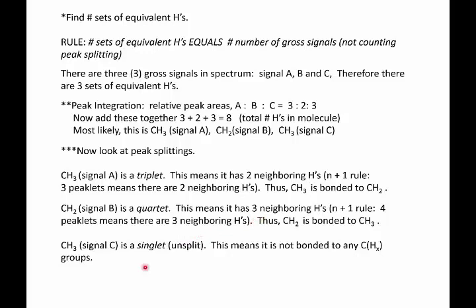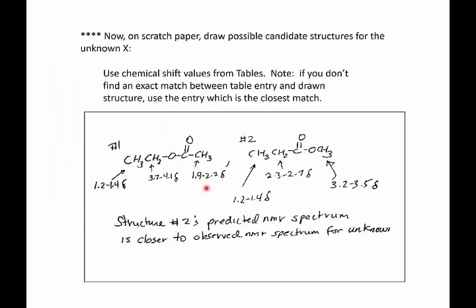The next step in the process is this. Get out some paper and draw possible candidate structures for that unknown X. That's not as daunting a task as it might seem.